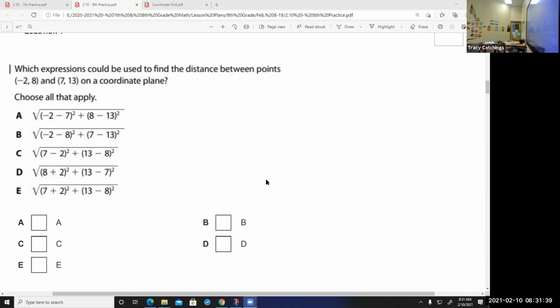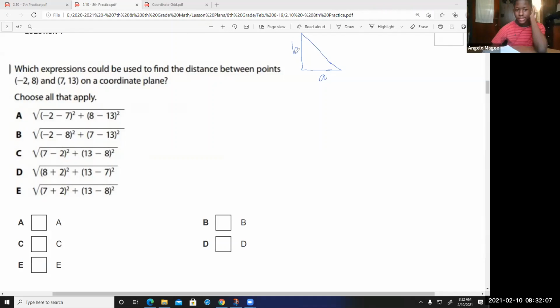Good job, Karen. Now, naturally, we would graph this on the coordinate plane. I'm going to show you another way you can find the length of your A and your B. So looking at a triangle, would my A or my B be x-axis or the y-axis? A is x.